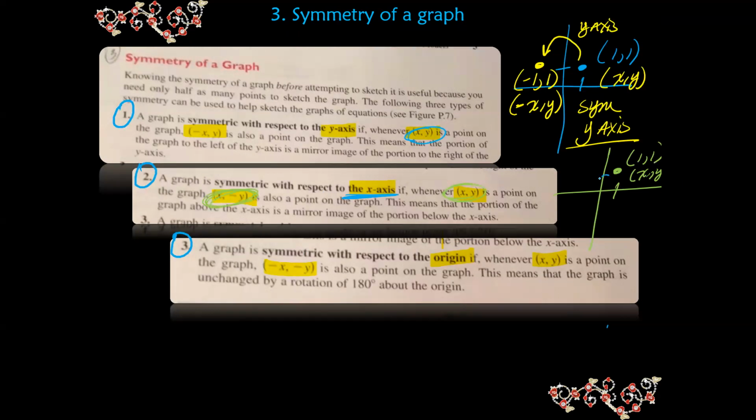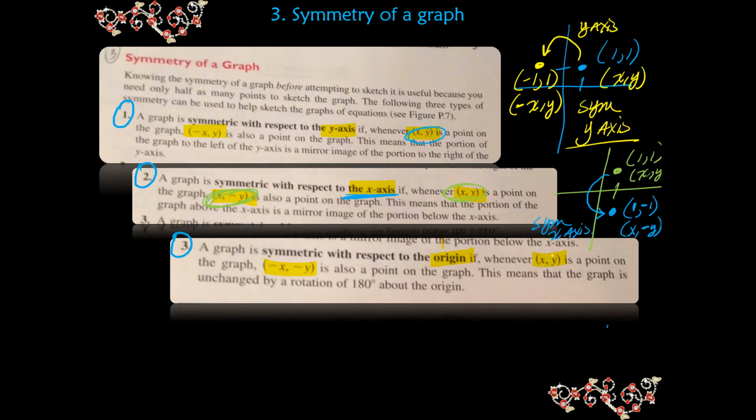So I'm going to take this point and flip it over here. If you look at it, what changed? Well, my x is not changed. It's still at 1, but my y certainly did change. It's now a negative 1. So then you know that if your answer results in (x, negative y), it is symmetric with respect to the x-axis.